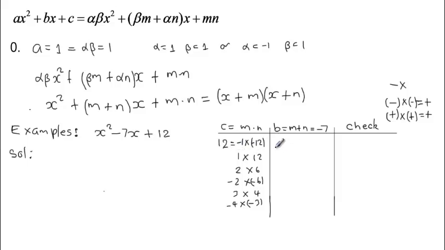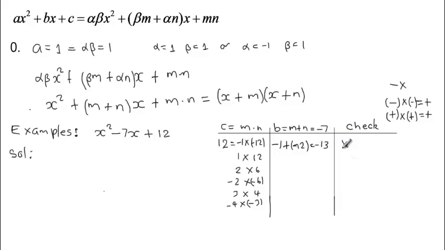What we have here now, we're going to have minus 1 plus minus 12, which will give us minus 13. Now already we can start trying to cut down the number of steps. It is clear that there's no way we can get minus 7 from that.